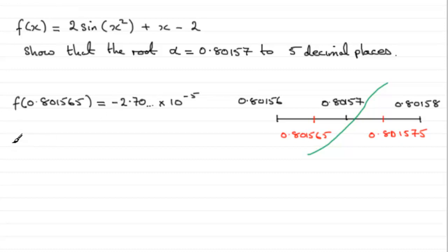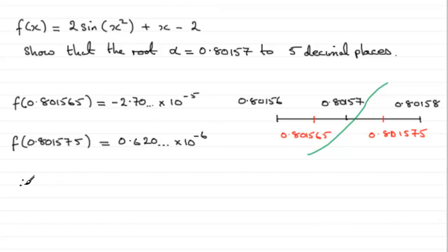And similarly, if we do f of this upper value here, 0.801575, put that value through your equation here, you'll find you get 0.620 and so on, multiplied by 10 to the power minus 6. A positive value though.